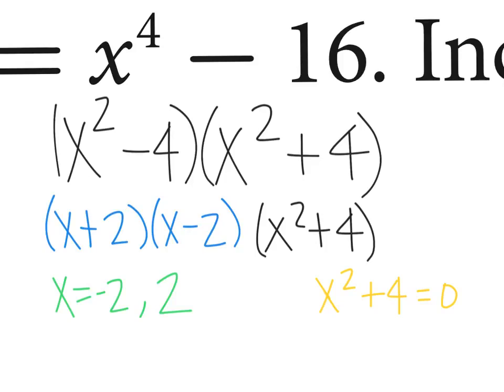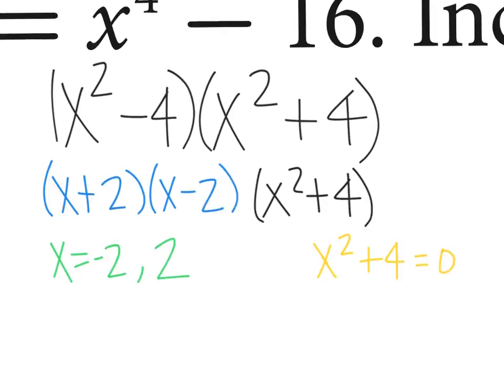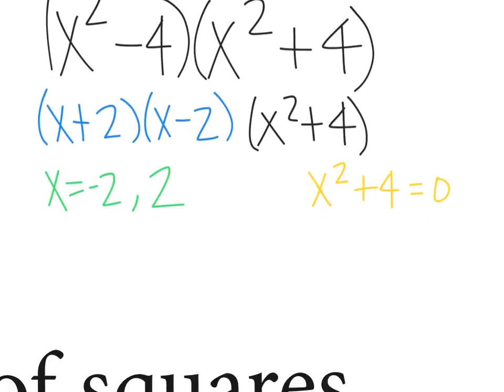Could I do quadratic formula on that technically? Yes. What would b in that problem be? 0, because there's no x term there. My suggestion, because I think it's the easiest, is to just solve it. Minus 4 from both sides, and I get x squared equals negative 4. How do I unsquare? Square root it.